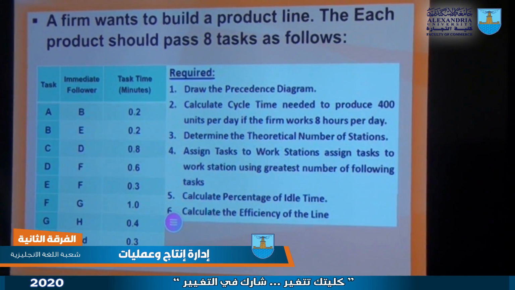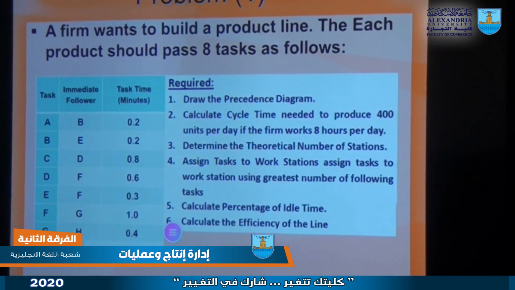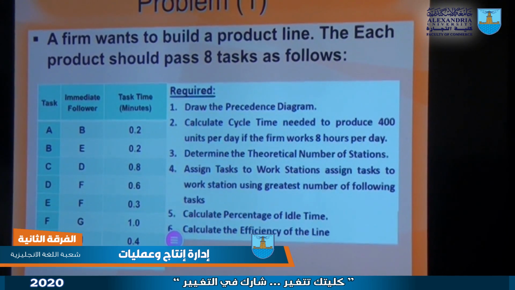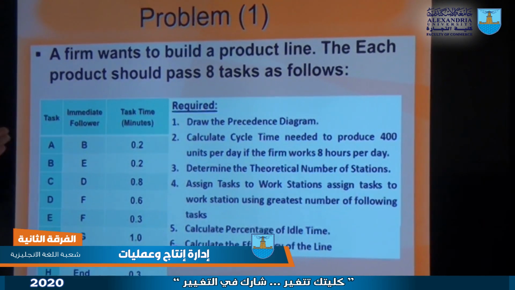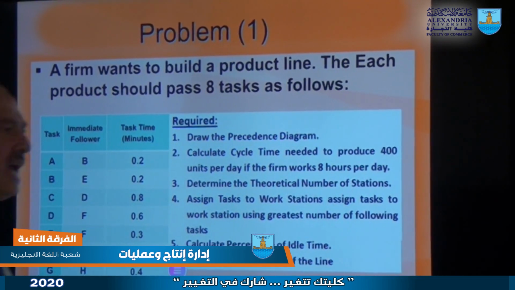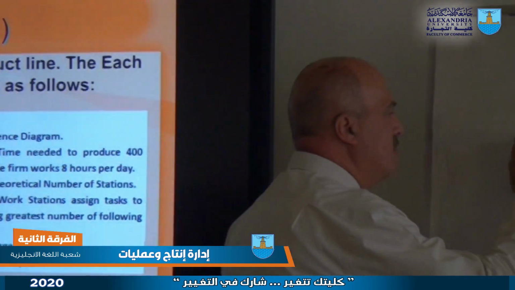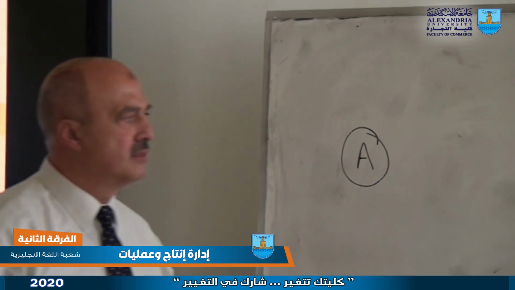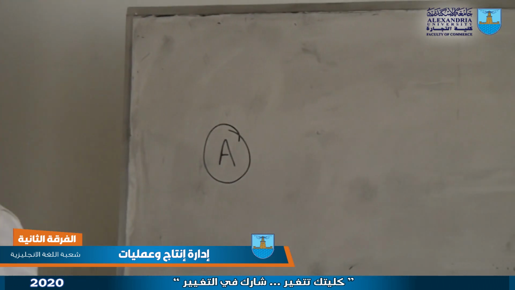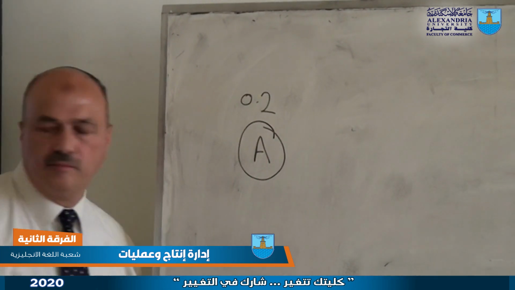So, how to draw the precedence diagram? See, this one starts with A. So we put A first. Task A first, and A needs 0.2 minutes.